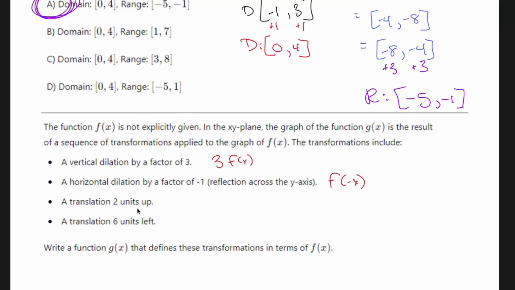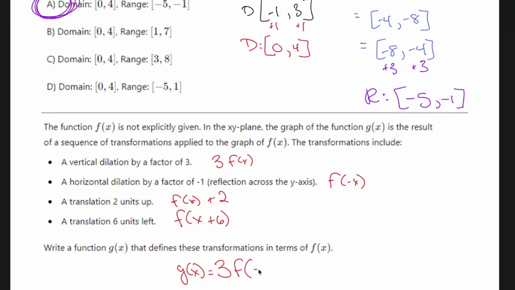Translation of 2 units up. So you're going to do f of x plus 2. And translation of 6 units left, which means x plus 6 on the outside. Now this is where you have to be really careful. So we could set up g of x, because they want it to be called g of x, is going to equal 3 times f of. Now listen, if we're going to do 2 things, this is the way we must do it.